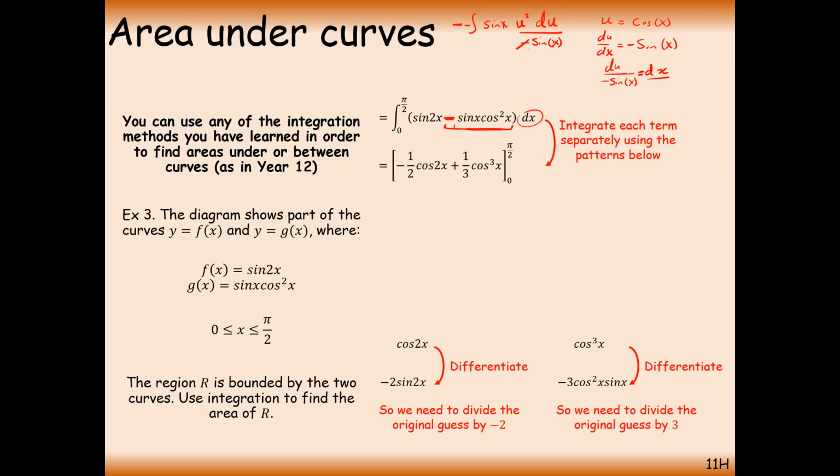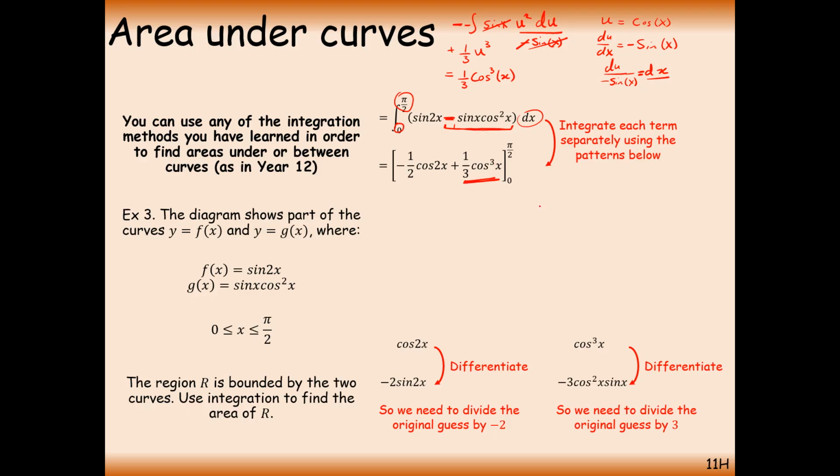Now this sine will cancel away with that sine x, therefore we'll be left with the integral of u square. Integral of u square is nothing but a third of u cubed. Now there are limits here that we will substitute later. The definition of u was cos x, so the answer here is a third of cos cube x, and that's exactly where that came from.